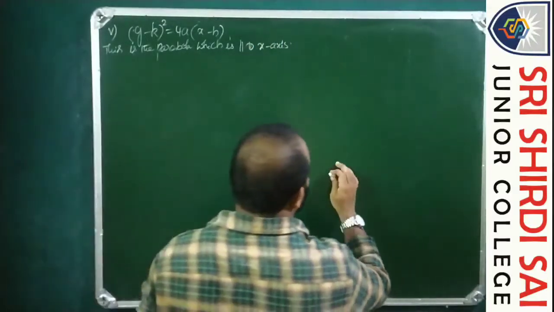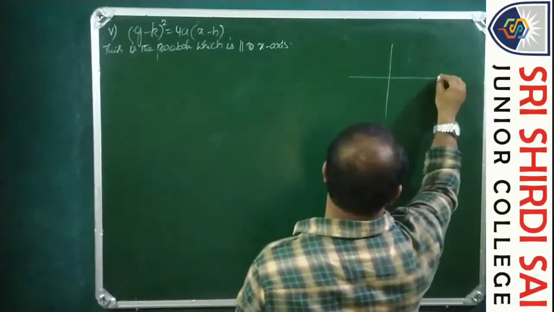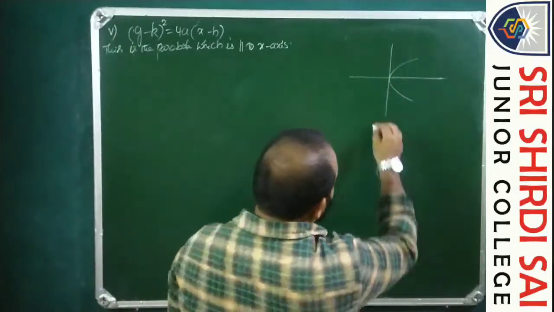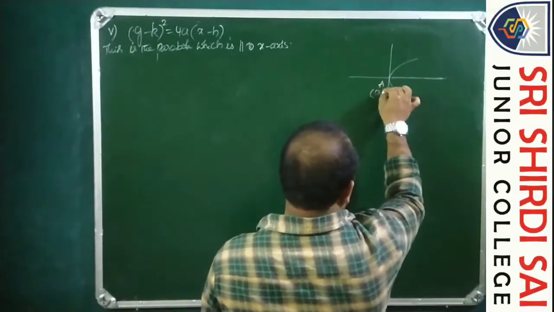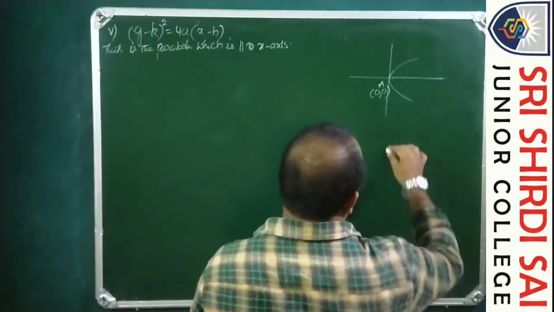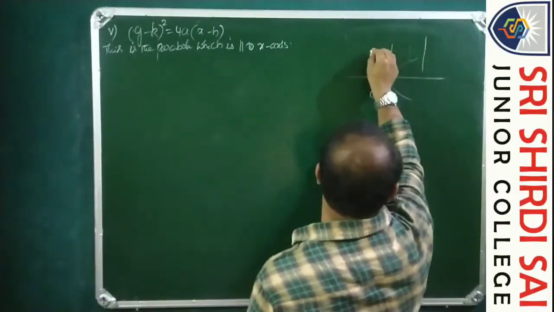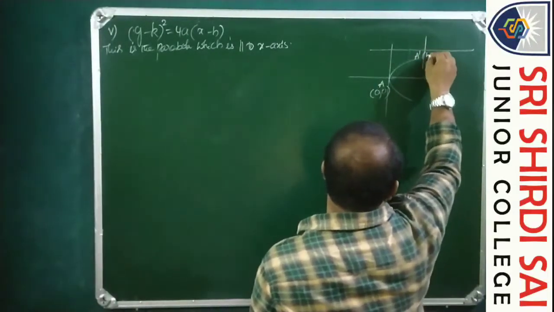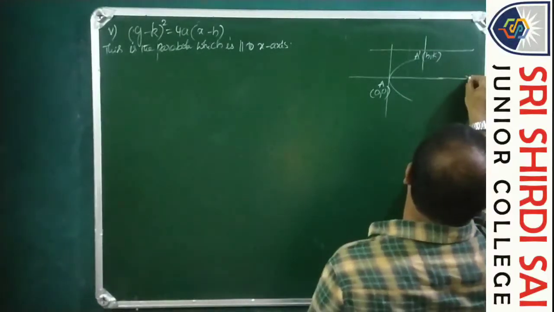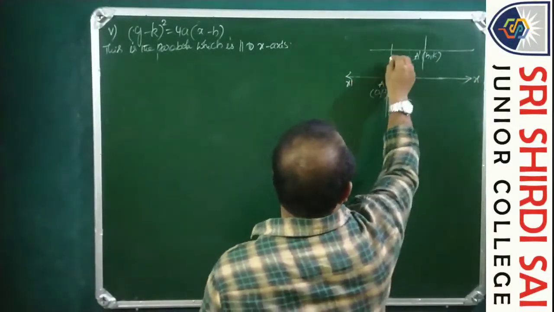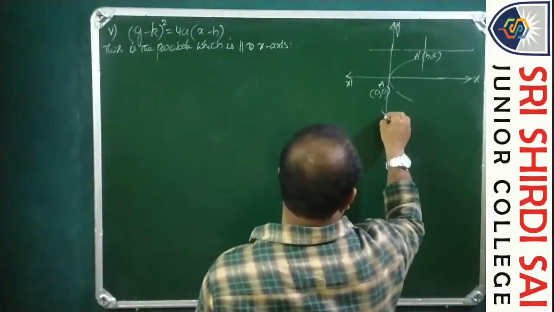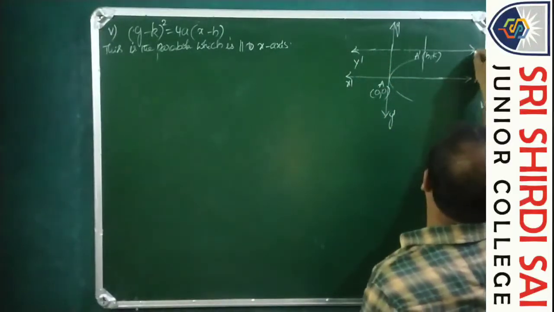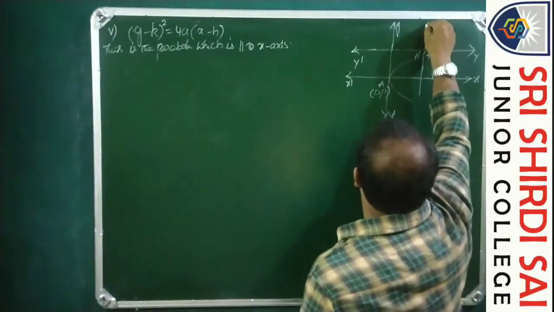So earlier the parabola is this. This is the origin A, 0 0. Now this has been shifted. The origin is shifted to some other place here. So this is our A dash, which is h comma k. This is x dash, this is y dash.